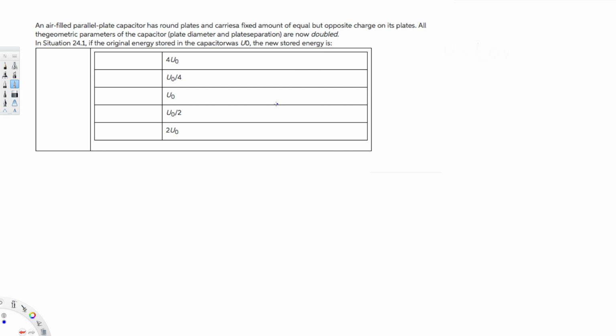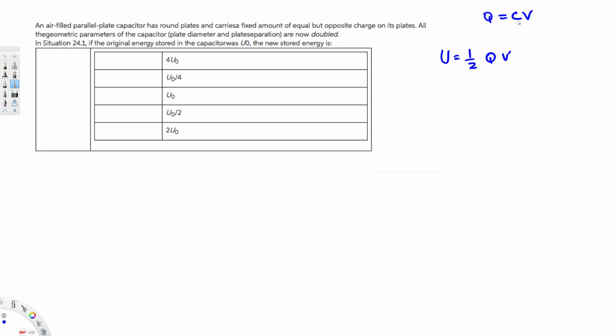So that's the question. Let's see how we can find this one. In order to do this, we have to know the energy equation, right? We know that energy is equal to half QV. Here we are dealing with capacitance, and this is nothing related to capacitance, so we have to create a relationship. We know that Q is equal to CV.